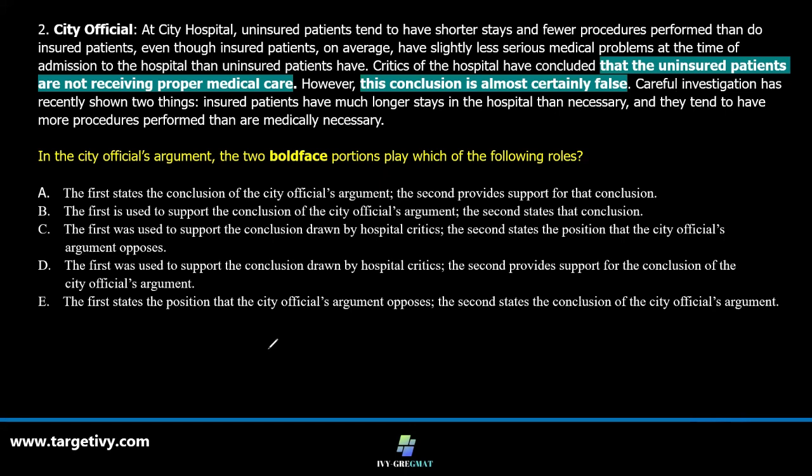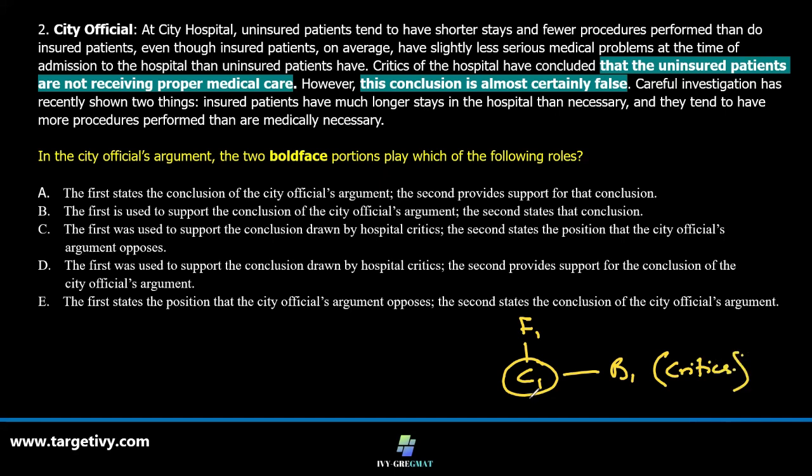Then the critics of the hospital, based on this, concluded that the uninsured patients are not receiving proper medical care. So it comes out with a fact, which is fact 1, followed by a conclusion, which is the bold one for us, and it is the critics' conclusion.